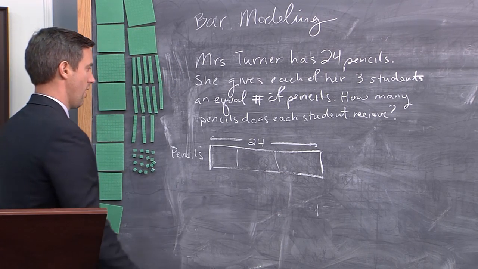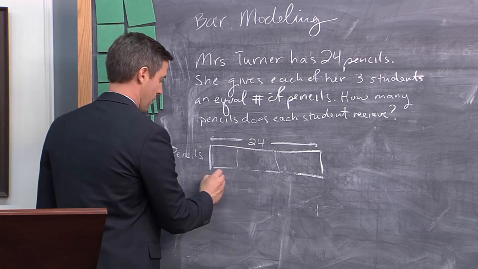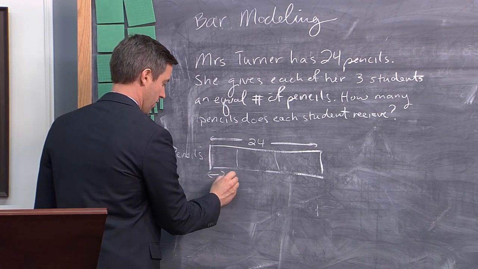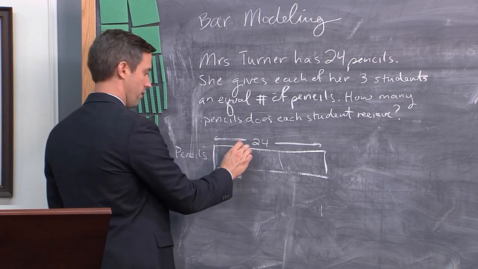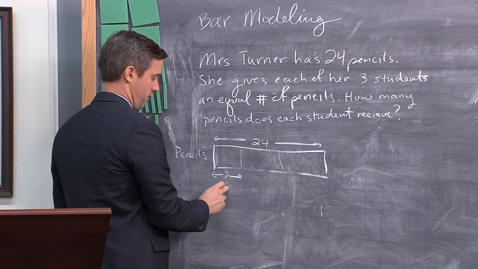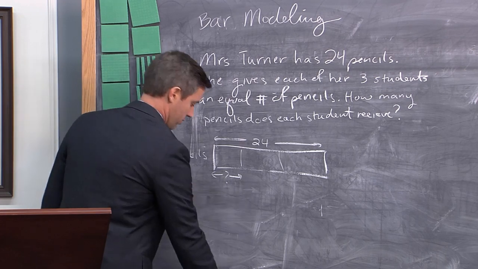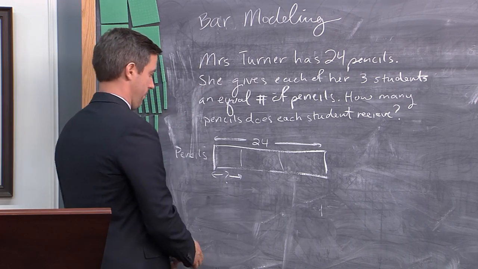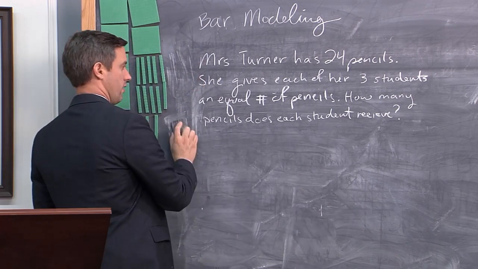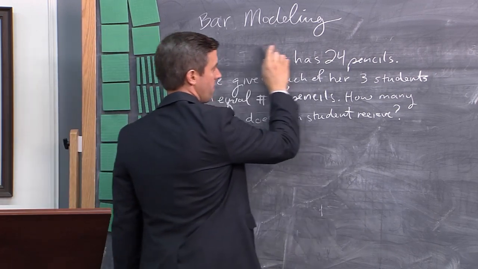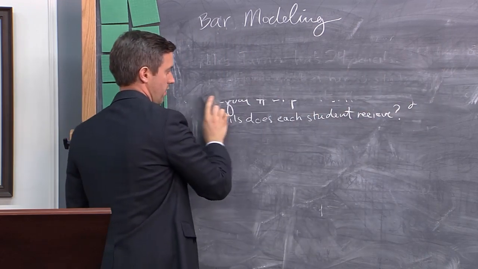And you're wanting to know how many pencils each student has. So you are looking for this quantity there. So you would do 24 divided by 3, which gives you 8. So that's a different type of multiplication problem there.